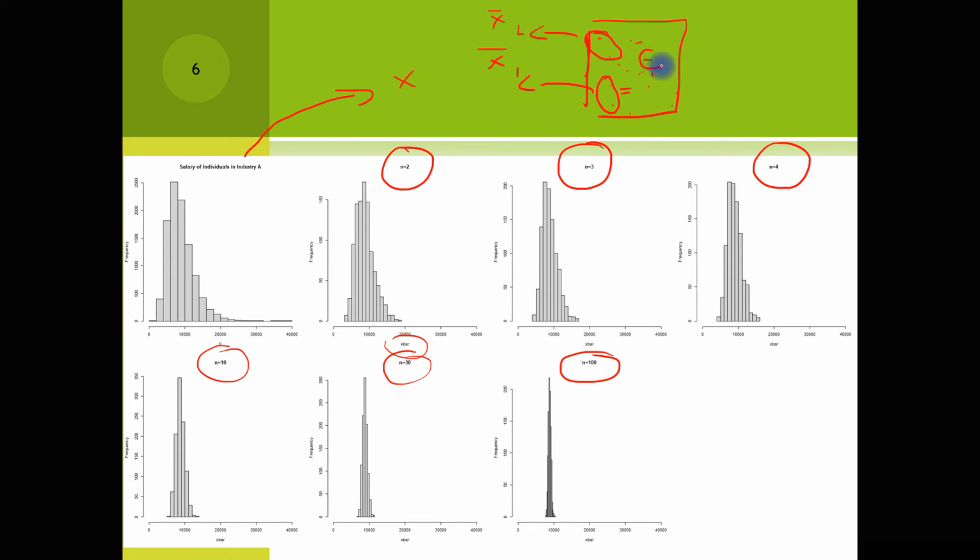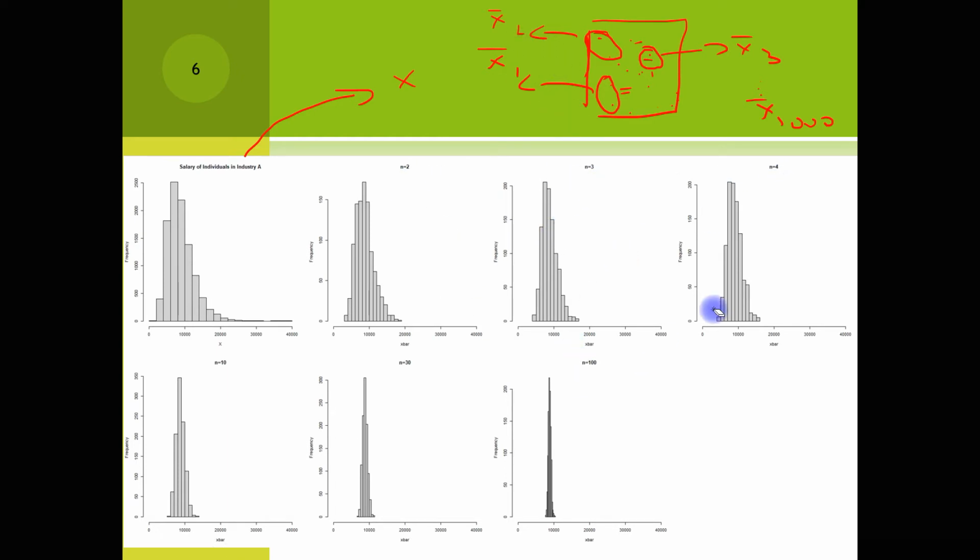I selected another 2 individuals here and calculated X bar 3, and it goes on like that. I did this 1000 times. When I got all these 1000 values of the mean, I plotted them on the distribution here. This is then repeated for a different sample size of 3, or a different sample size of 4, and so on.